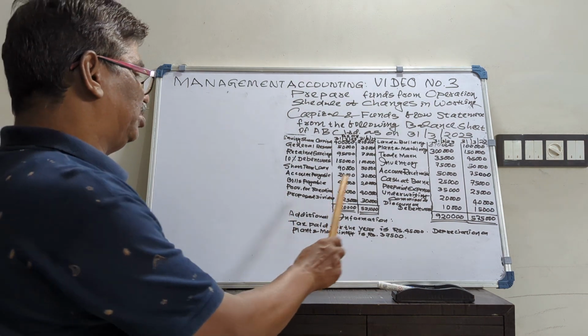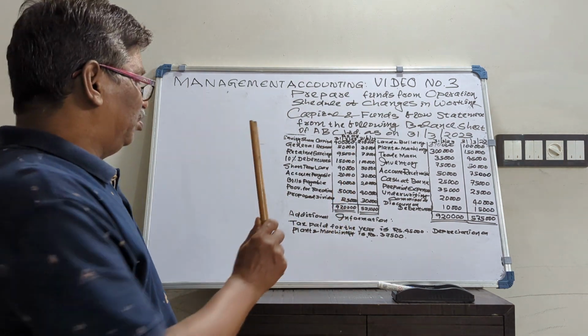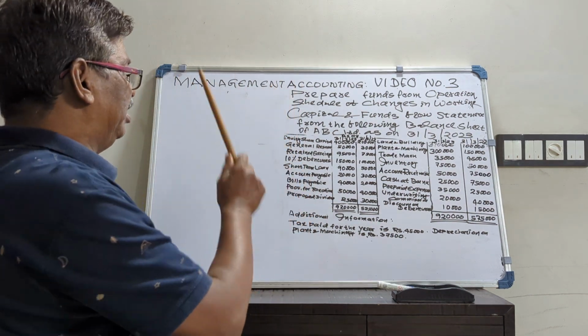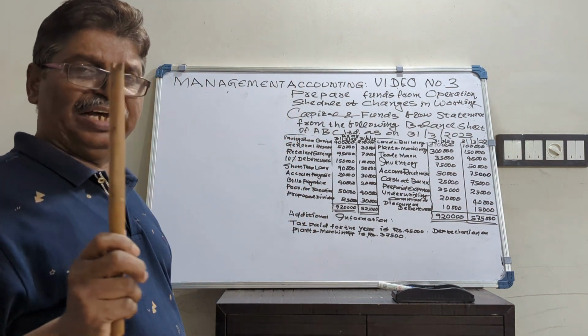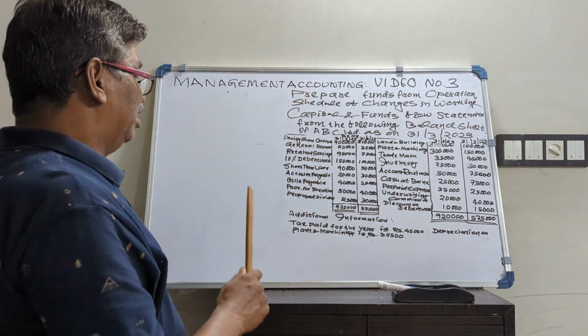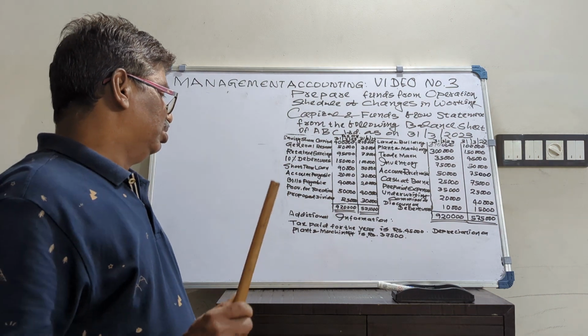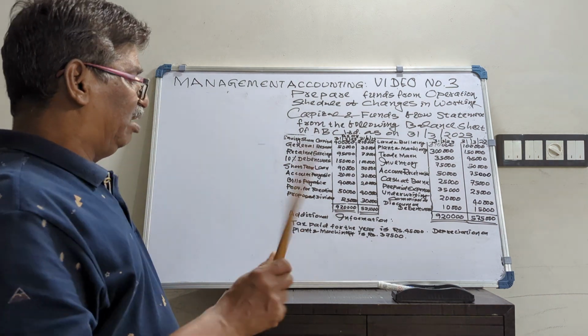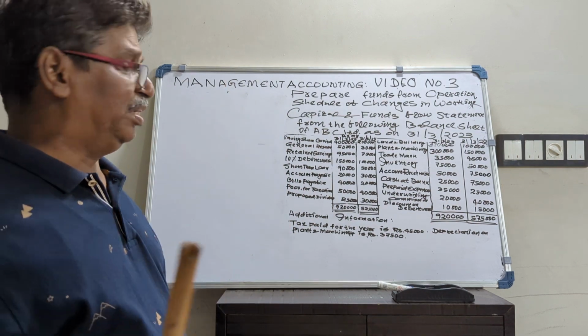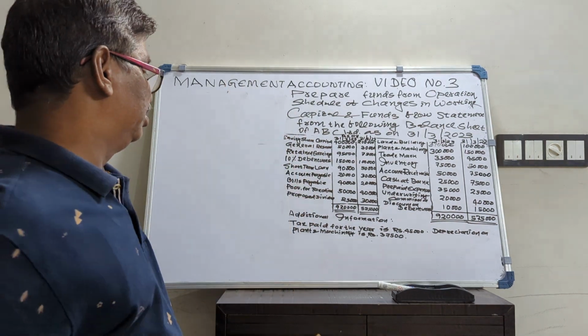Regarding proposed dividend, the proposed dividend is the dividend declared by the company in its board of directors meeting. Once in the board of directors meeting the company decides to give dividend to the shareholders, then it must be confirmed in the general body meeting by all the members.